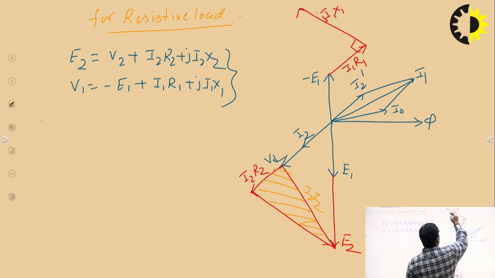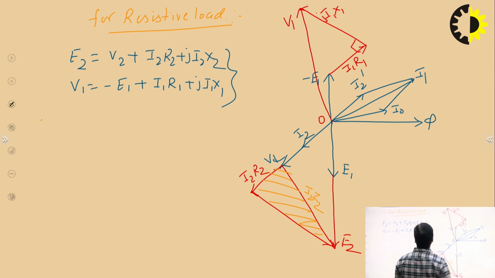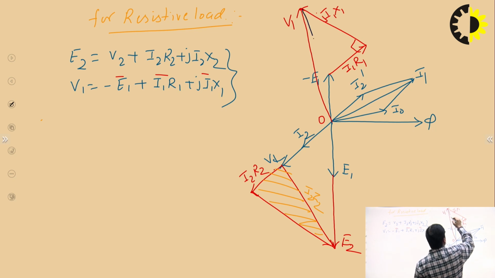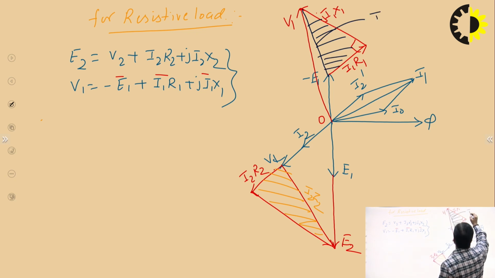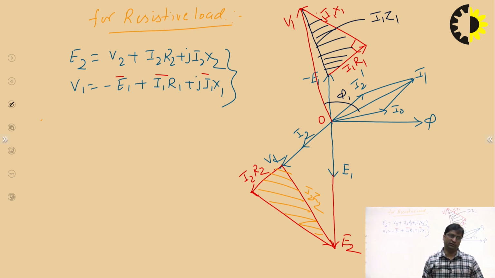Ultimately we add this from this position and you will get V1. So V1 will be equal to minus E1 plus this, and now you can connect this. So this is the voltage triangle in the primary side, and this is our I1 Z1. So V1 and I1, this is phi 1, the angle between the voltage and current in the primary winding.